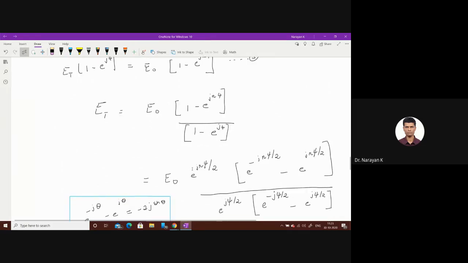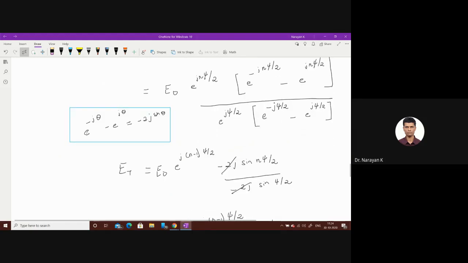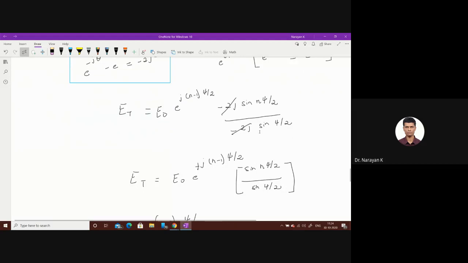Then you take e raised to the power j n psi by 2 outside, and you will get a mathematical formula like this. After that, apply the geometrical identity e raised to the power minus j theta minus e raised to the power j theta, which gives minus 2 j sine theta. The same thing I apply here.